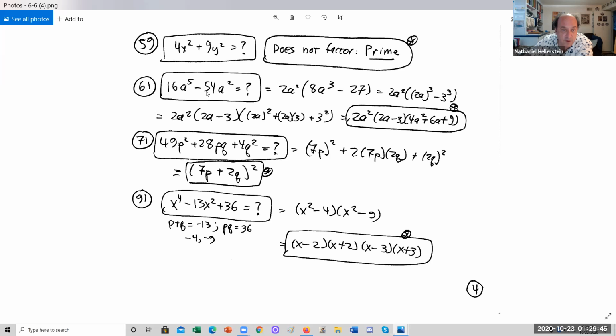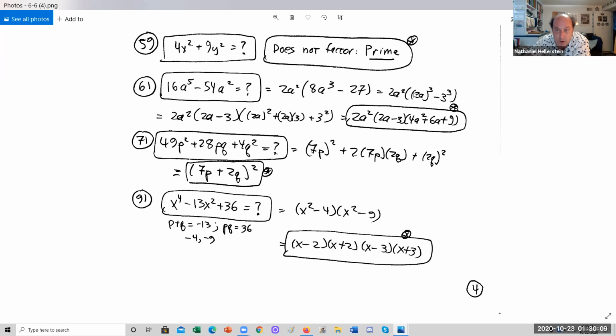Here's 16a to the fifth minus 54a to the second. Now 16 and 54 have a common factor of 2. a to the fifth and a to the second have a common factor of a squared. So remove a factor of 2a squared, and then this, after dividing, gets you 8a cubed minus 27. Now, okay, this 8a cubed is a cube of 2a. 27 is a cube of 3.